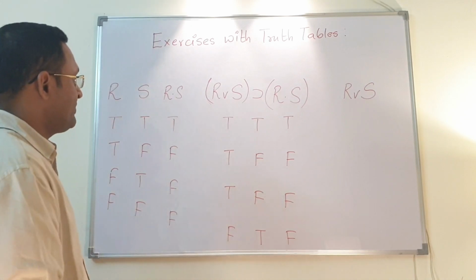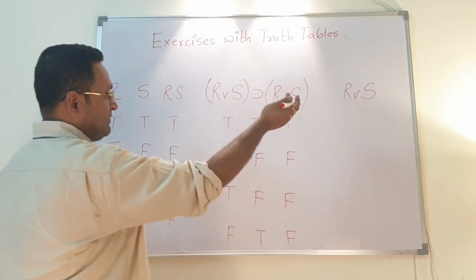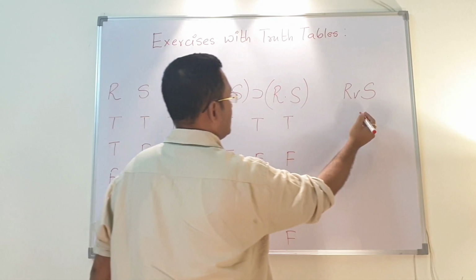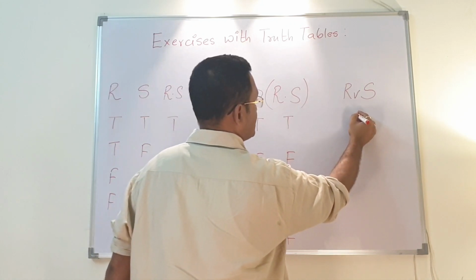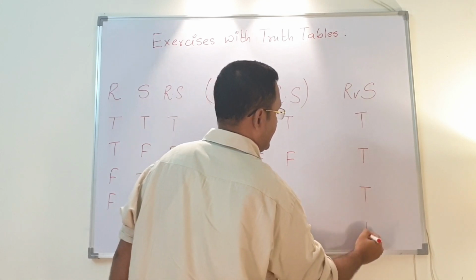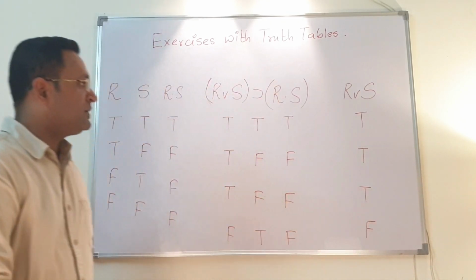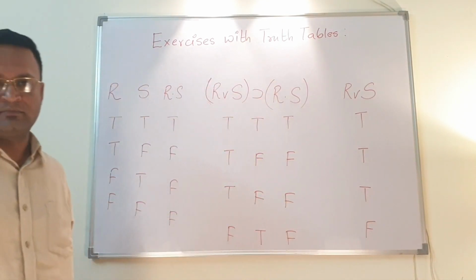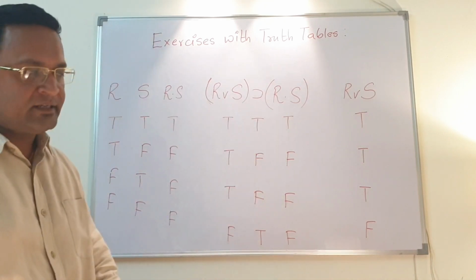So this is the value, and we know R wedge S, but again I will repeat it over here for your convenience. So it will be T, T, T, and F. Now this is how the truth table will look, right?